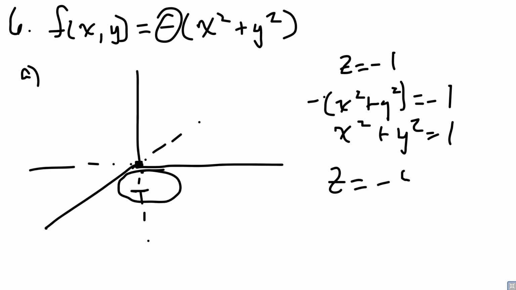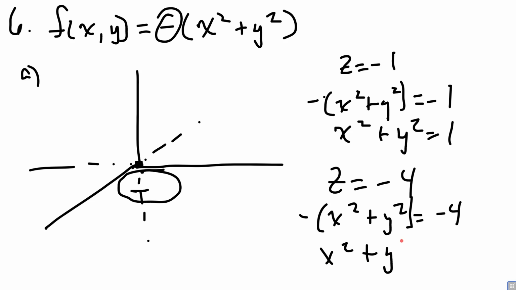If z is -4, negative of x squared plus y squared equals -4, or x squared plus y squared is equal to 4. So what's happening as z decreases?